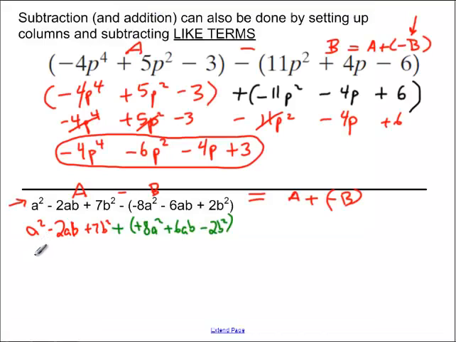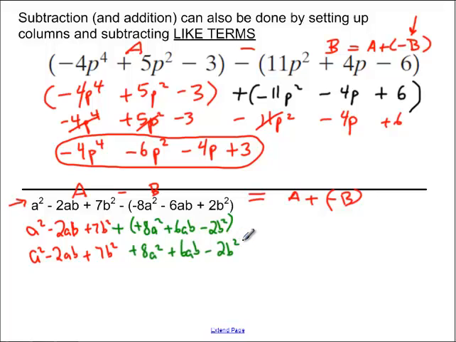So here's our a polynomial, a squared minus 2ab plus 7b squared, and the plus parentheses go away, and what's left over is plus 8a squared plus 6ab minus 2b squared.